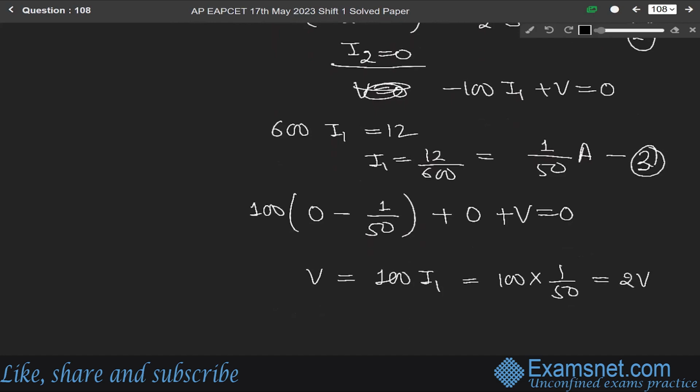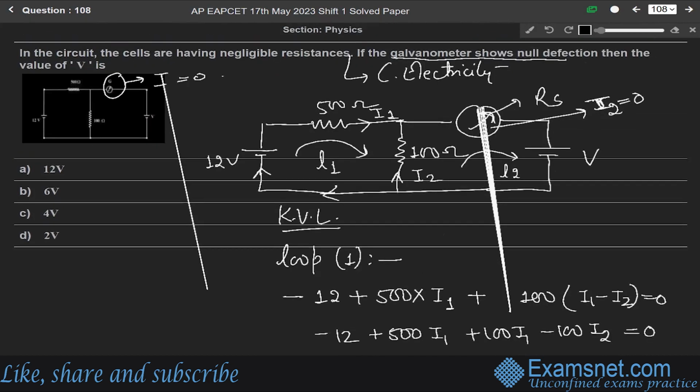So the value of V here is 2 volt. Okay. So option D is the correct answer.